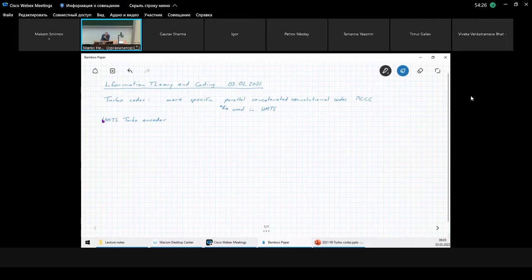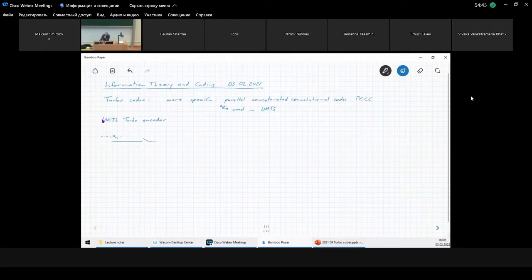So again, we start with a sequence of bits. And those bits also include the termination. So we also have the termination here.